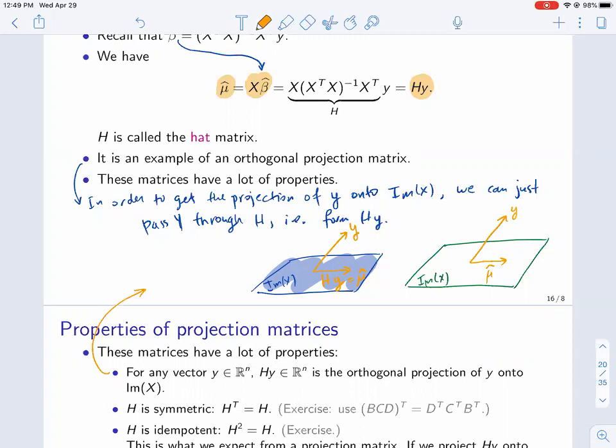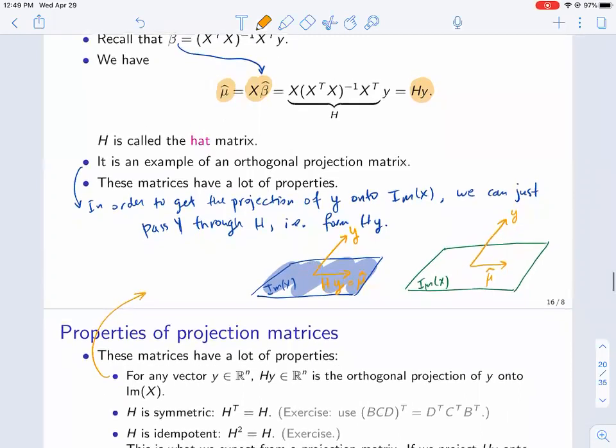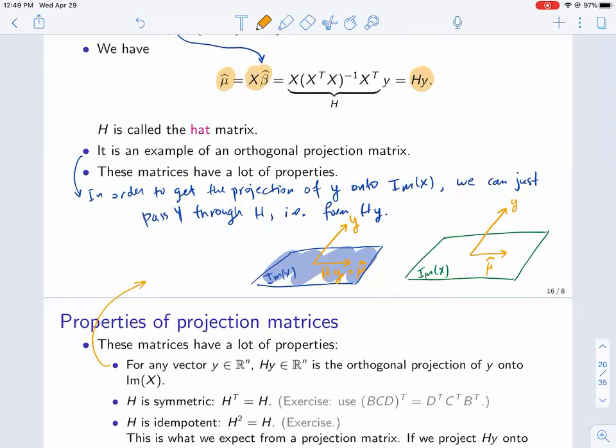Geometrically, what happens if I project mu hat onto the image of X?